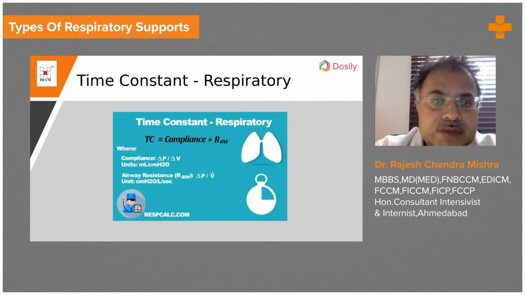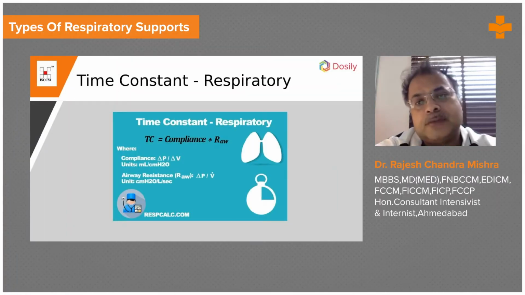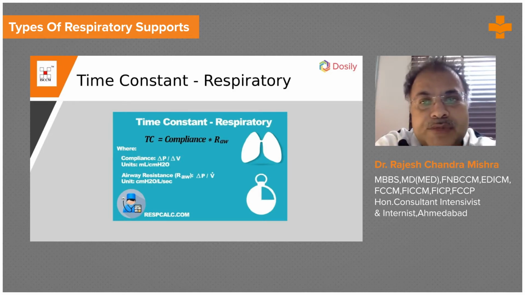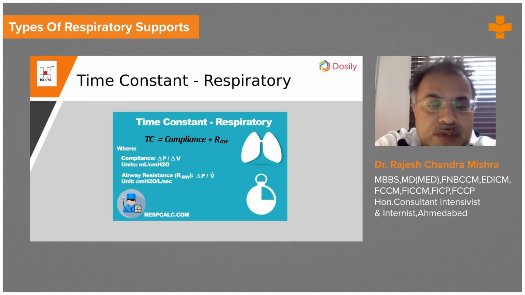Before you start anybody on ventilation, this one concept which you all must read and understand is called time constant. Time constant tells you about the characteristics of the lung, which is a multiple of compliance and resistance.